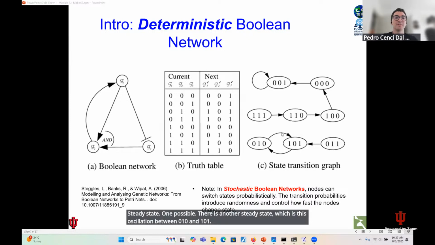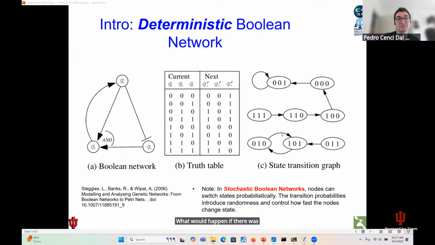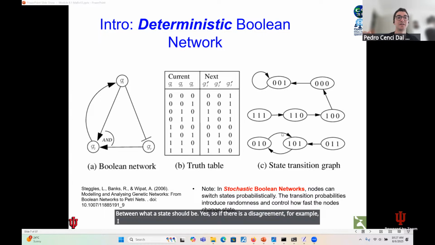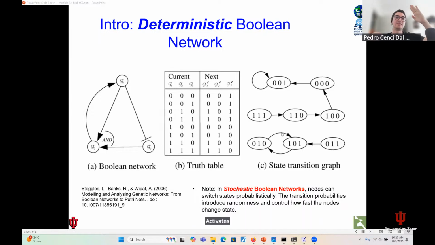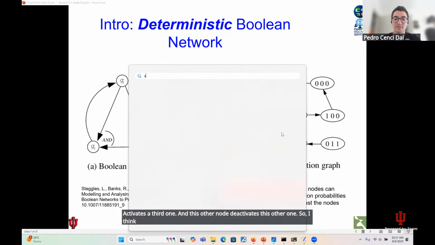What would happen if there was a disagreement between what a state should be? Yes, if there is a disagreement, for example, I have two nodes and one node activates a third one and this other node deactivates it. So I think this is Clara's question.